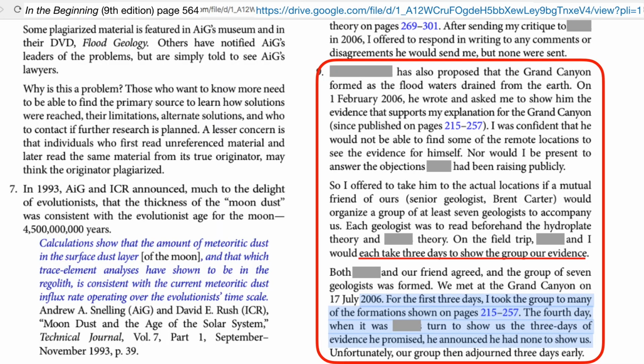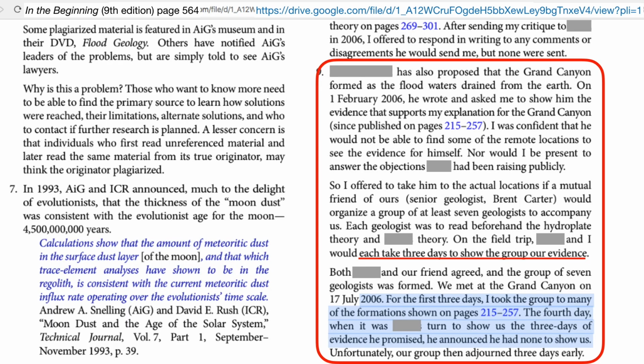And this one was rather interesting. There was a guy who had thought that the Grand Canyon formed after the flood, and he challenged Walt. He said, well, where's your evidence that it formed later? And so Walt said, well, why don't a bunch of geologists go, and I'll show you the evidence that I have. And they agreed to it. And so on July 17th, the first 3 days, I took the group to many of the formations shown.